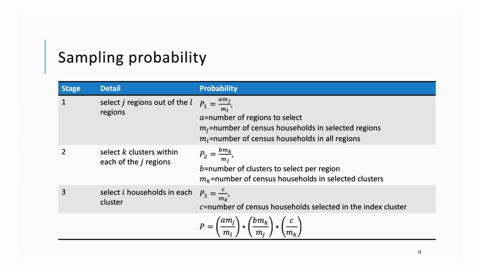Some very smart mathematicians have shown us that if we understand how each of the steps we have taken in each of these stages affects the probability of selection of everybody within the country, we might be able to adjust our results to still be representative of the distribution of the country. And that brings us to sampling weights.